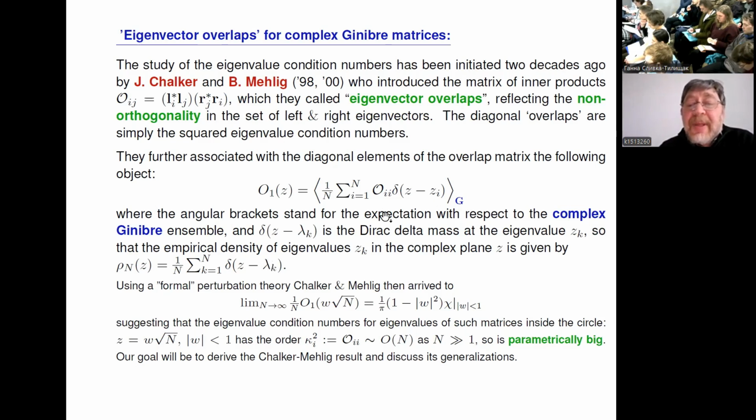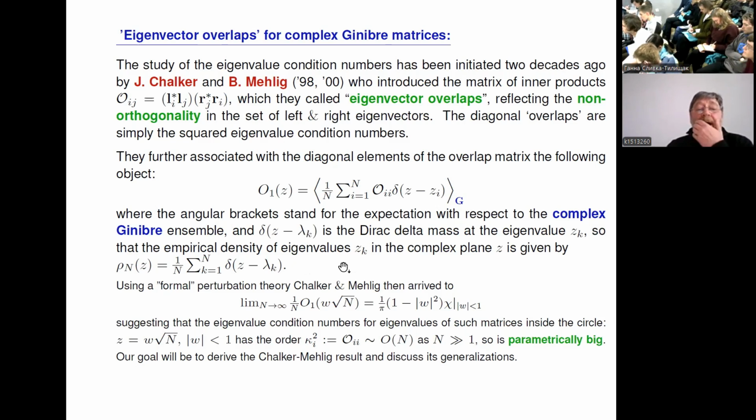Here I noticed a misprint. I will try to change it. Maybe in the notes, finally distributed, the lambdas should be z's. Unfortunately, these lambdas were meant to be eigenvalues z_i.